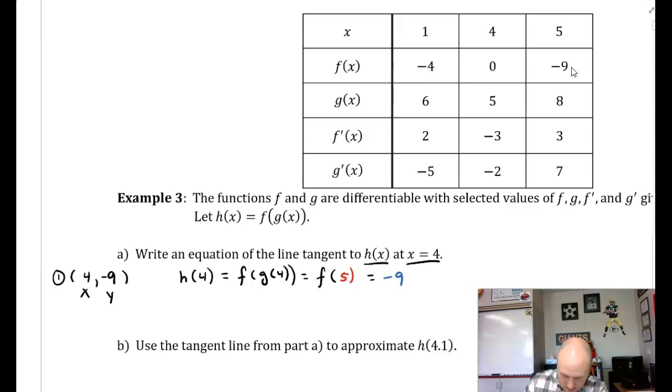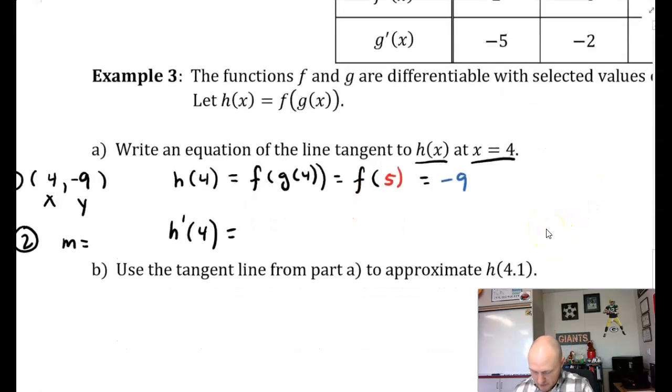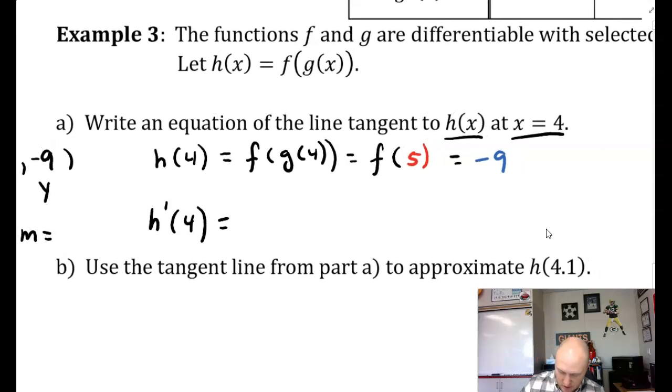There's x, there's y. Second, I need slope. I need to know what the slope is at that x value, so I need h prime of 4. Well, I have to take a derivative first of h of x. Before I evaluate at 4, I'll keep this general. What is h prime of x?